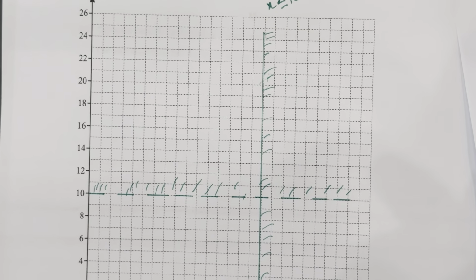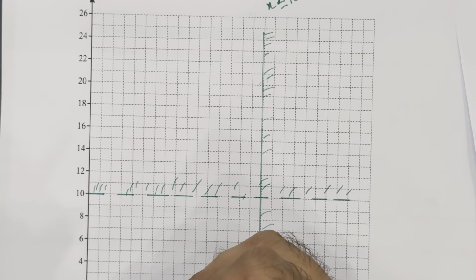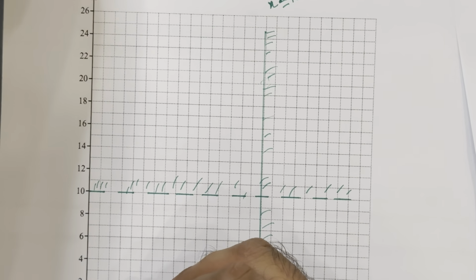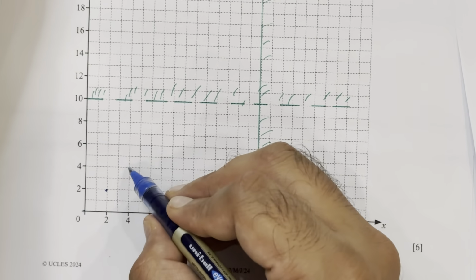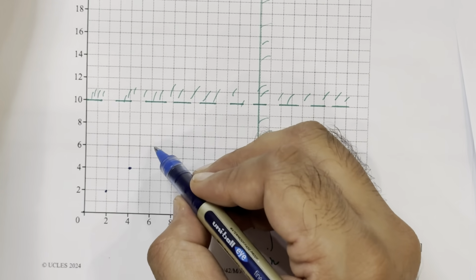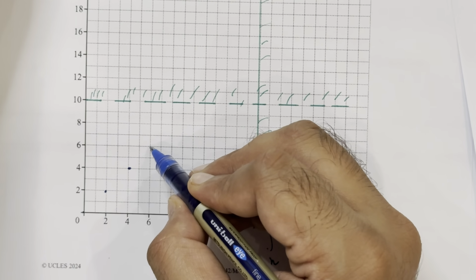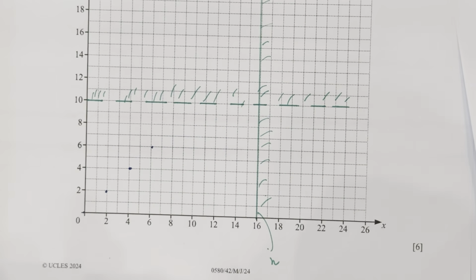Now for the second case, we know that X and Y have equal values, so we're going to plot that at 0, and 2 at 2. At 4 the value is 4, and at 6 the value is 6, so you can draw the straight line.